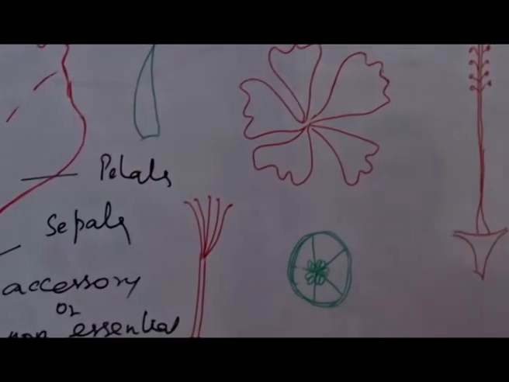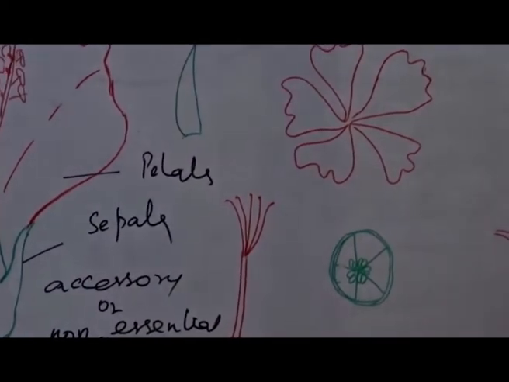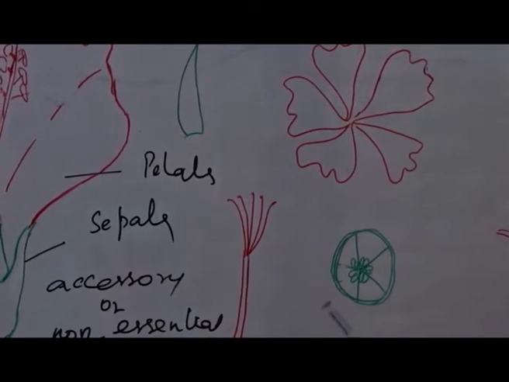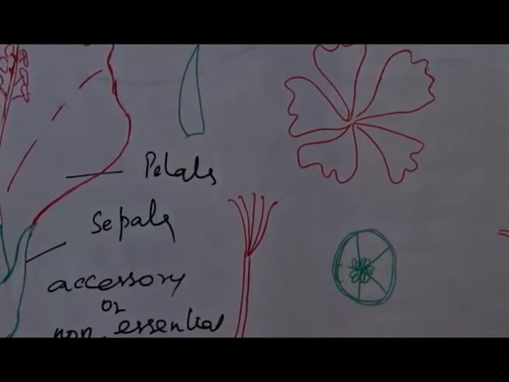And this one is the androecium. In a hibiscus flower, the shoe flower, it has a long stem-like structure that is called the staminal tube. Now this staminal tube has stamens.